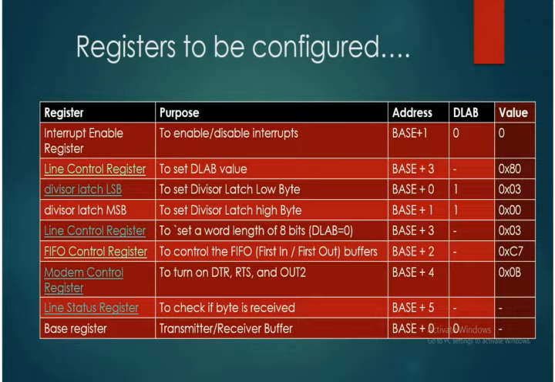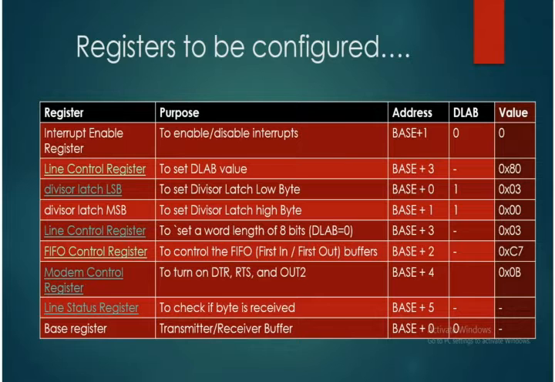They are differentiated by DLAB bit. DLAB is a bit in line control register. When it is 0, we have interrupt enable register and base register. When DLAB is made 1, the same registers behave as divisor latch LSB register and divisor latch MSB register.